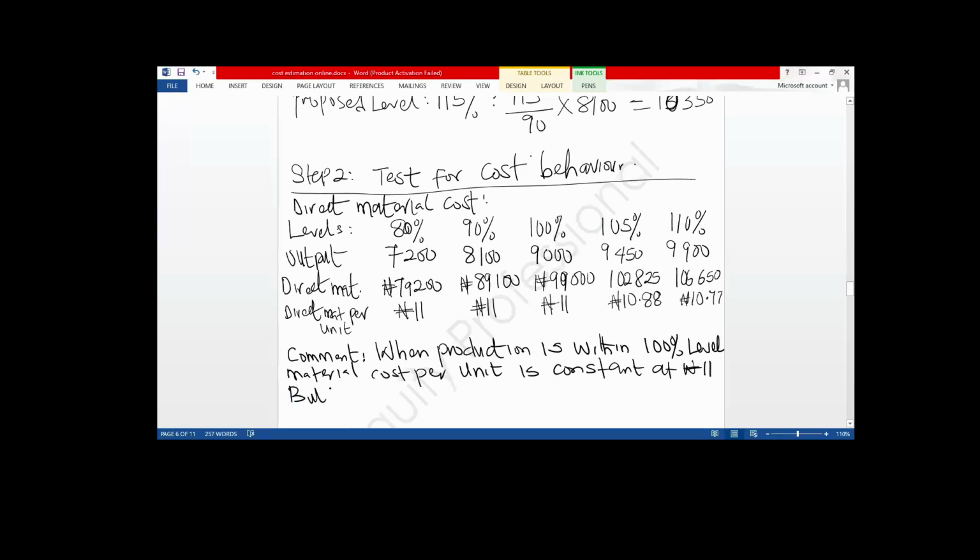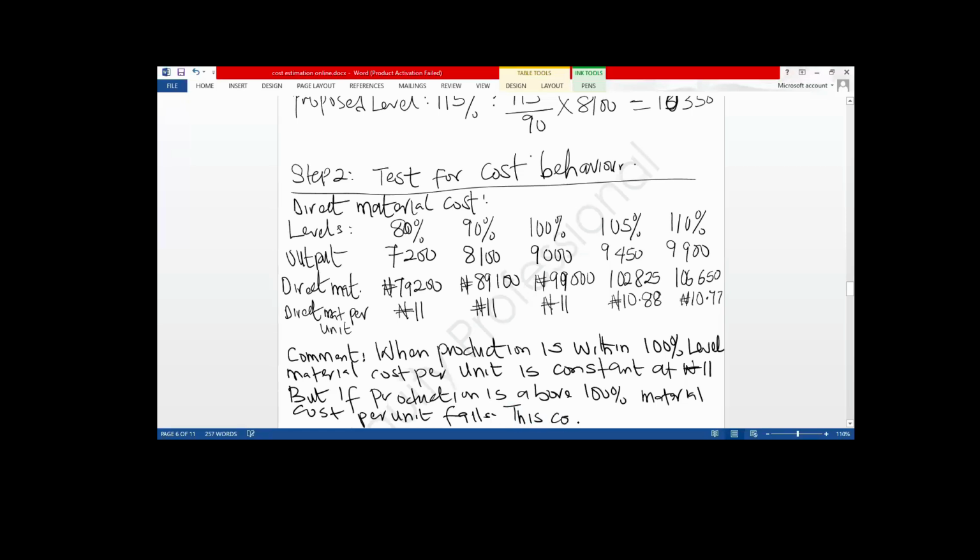But if production is above 100%, material cost per unit falls. Full stop.